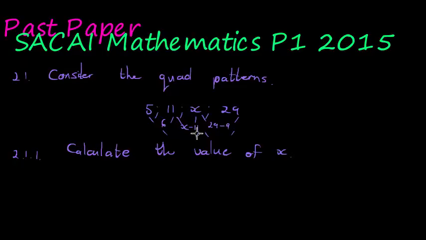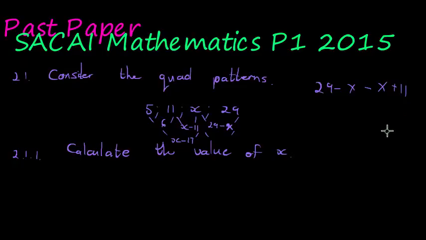Can you see there? x minus 11 minus 6, that's x minus 17. And then we have 29 minus x minus (x minus 11). So it is minus x, and minus 11 is plus 11.